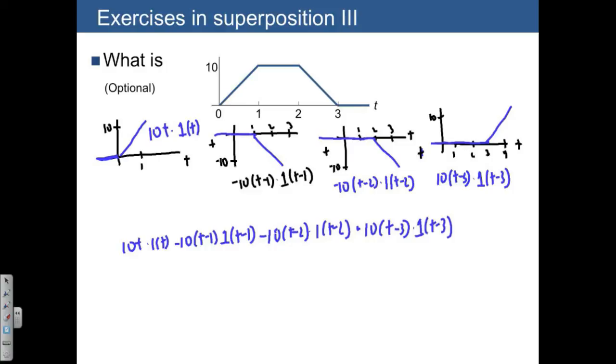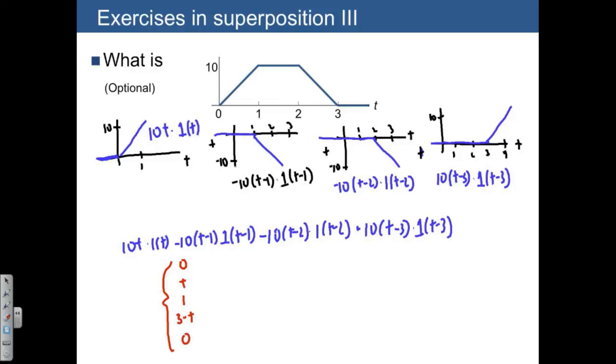Of course, we can also write the whole thing as a series of 1, 2, 3, 4, 5 intervals, where it's going to be 0, it's going to be equal to t, and then it's going to be equal to 1, and then it's going to be 3 minus t, and then finally 0.